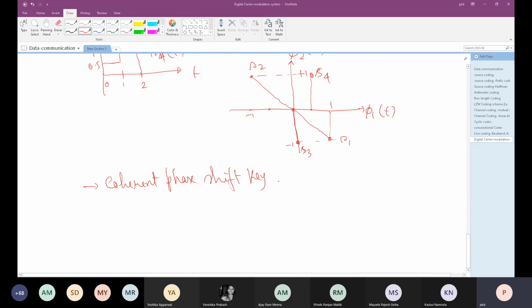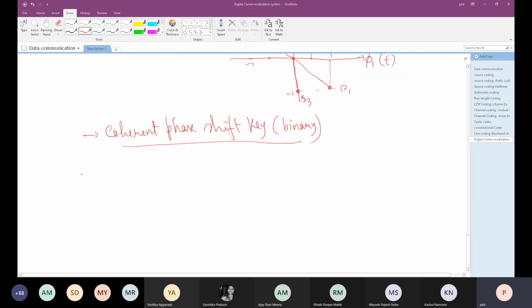Coherent binary phase shift keying: the information of the symbols 0 and 1 are essentially embedded in the phase.